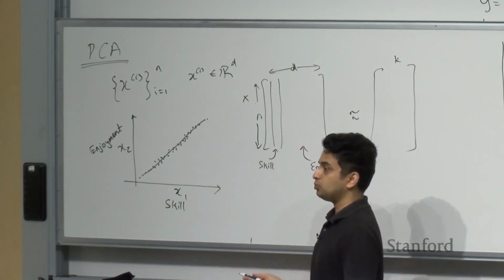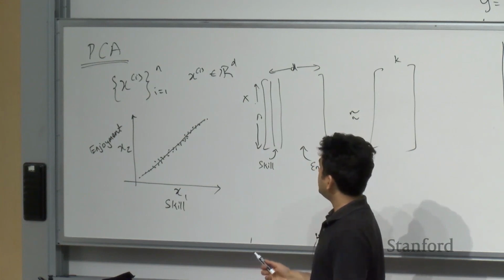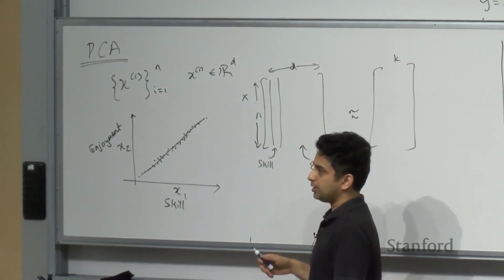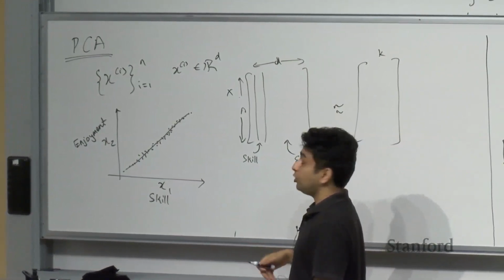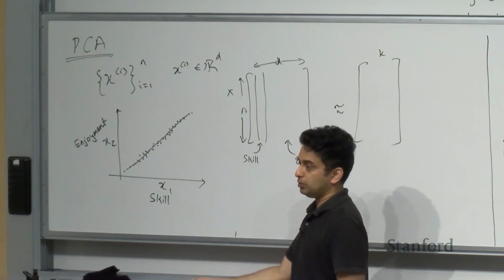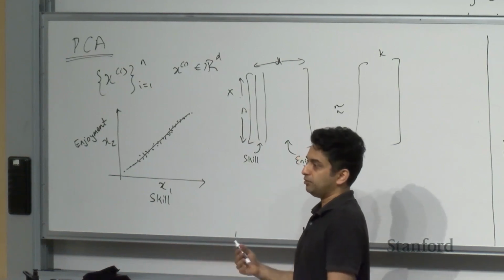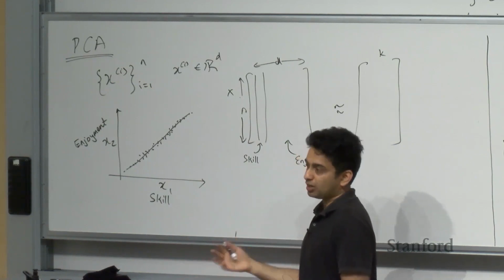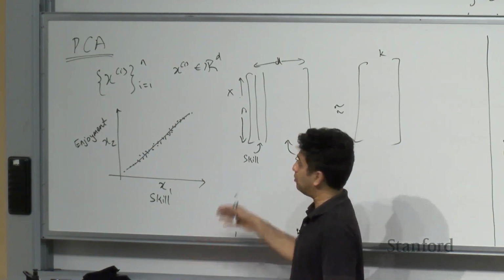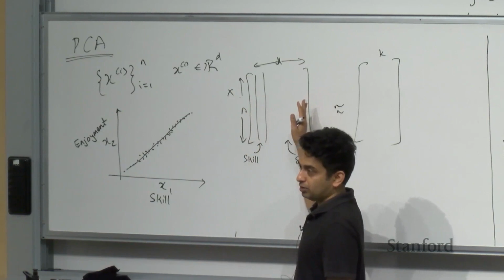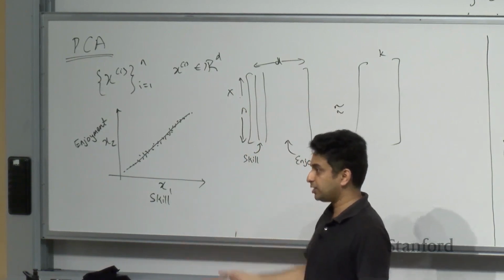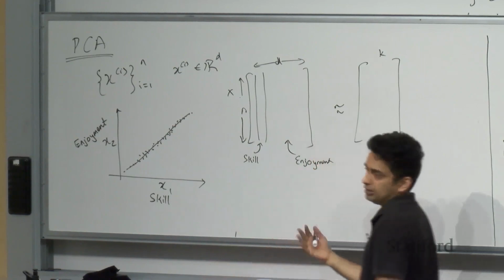You can do it as a supervised learning problem, but the problem is in general quite hard, in the sense you don't know upfront which of these features you want to choose as your y label. You can try it with all of them. You can try a subset of them. It's not clear how to go about actually solving this as a supervised learning problem. What if d is 10,000, right? Are you going to perform 10,000 linear regressions? You could do that, but PCA is much more efficient.